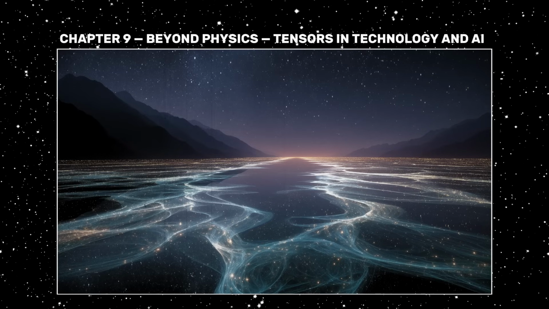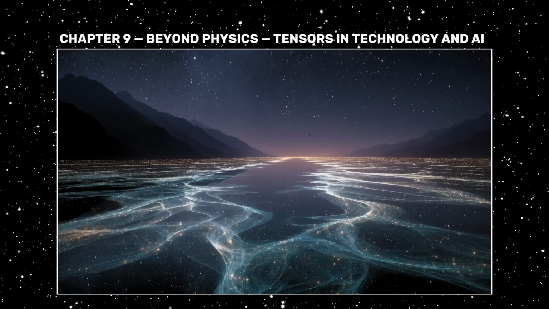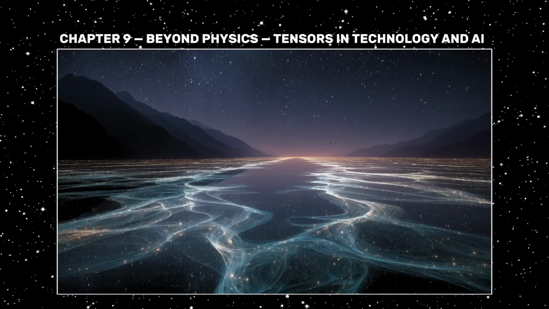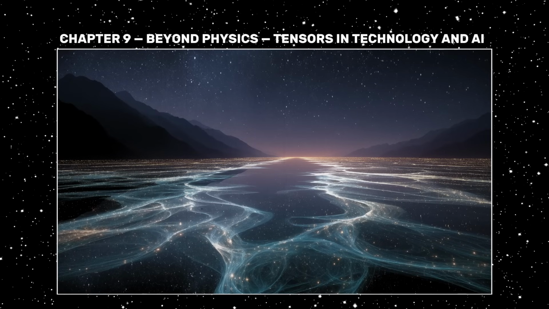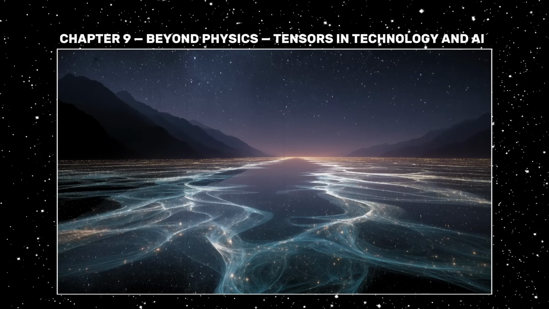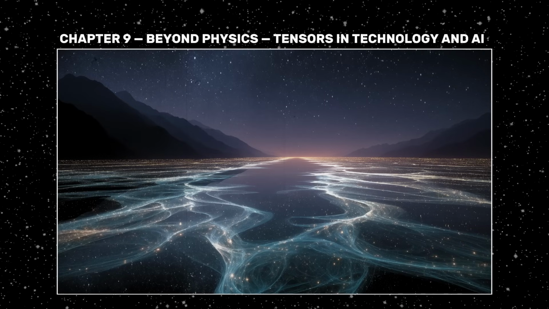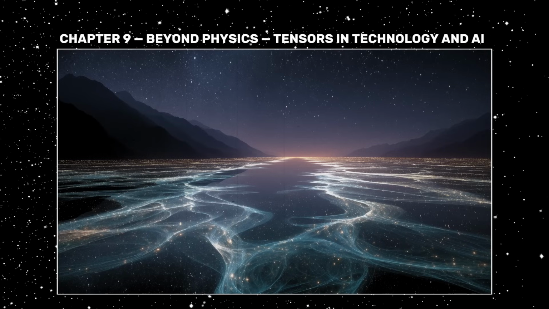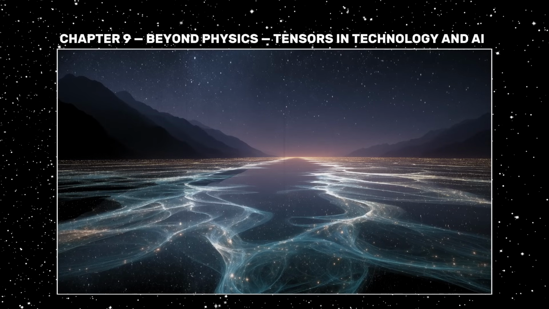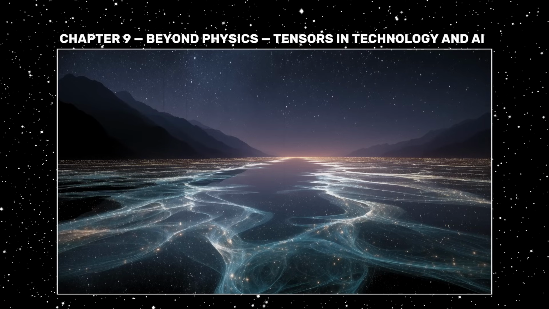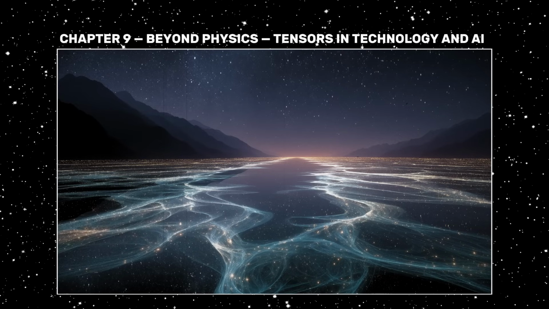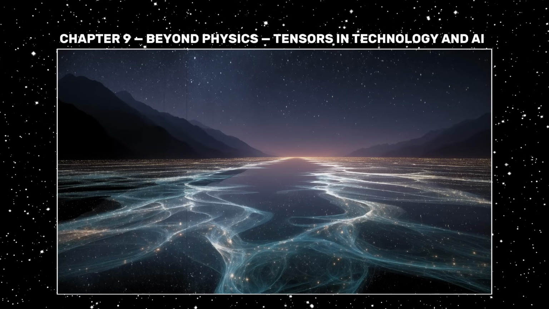It is remarkable to consider how a concept developed for geometry in the 19th century has become indispensable for digital technology in the 21st. The same structures that allow us to describe the curvature of the cosmos now allow machines to identify objects in photographs or compose fluent text. This is not a coincidence.